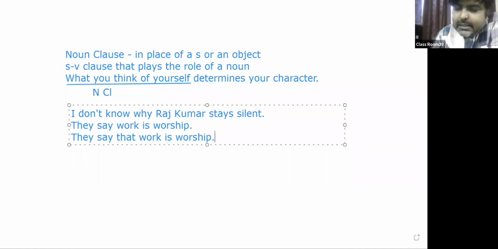These are two sentences of almost similar structures, but both are noun clauses. Work is worship is a noun clause, and that work is worship is also a noun clause.